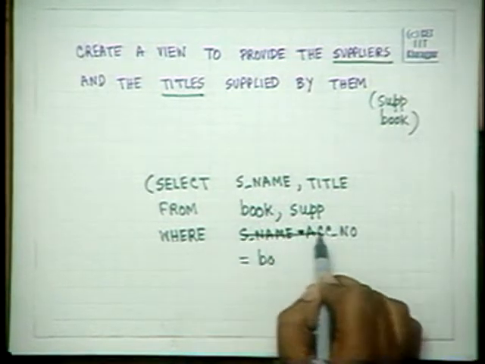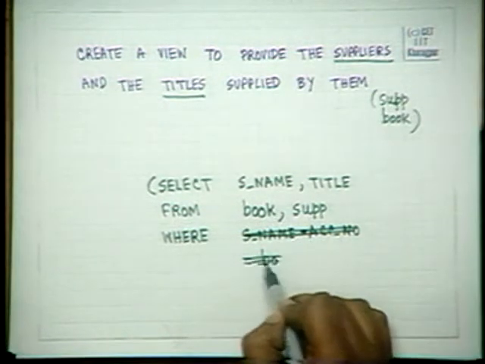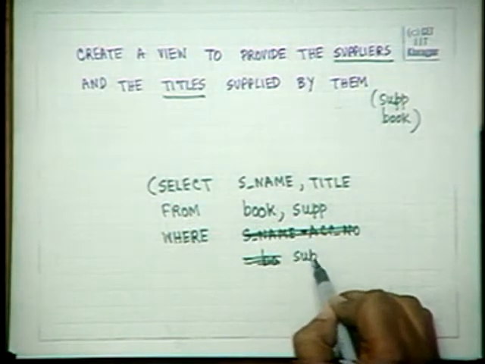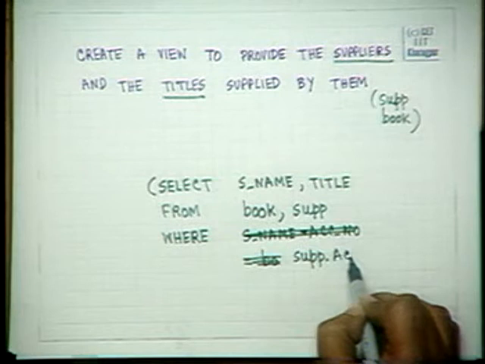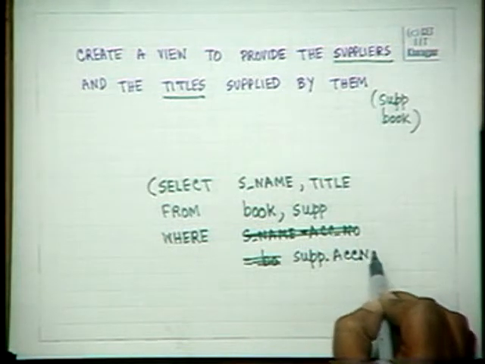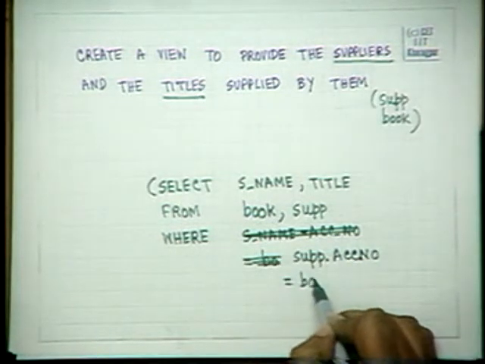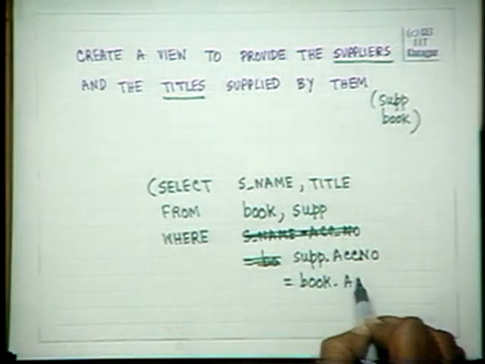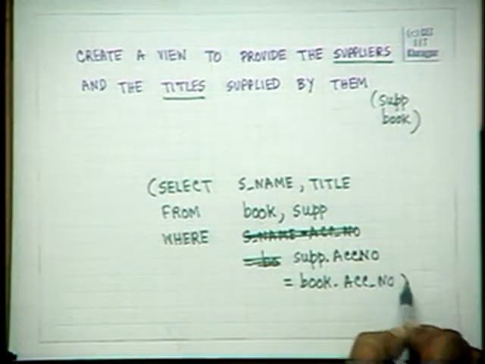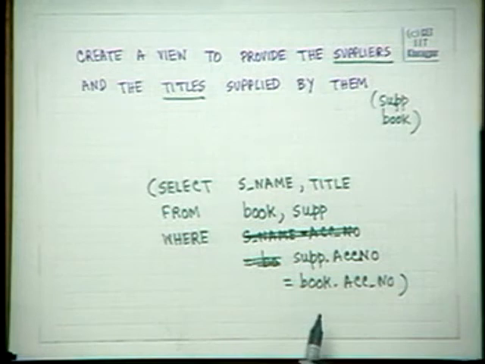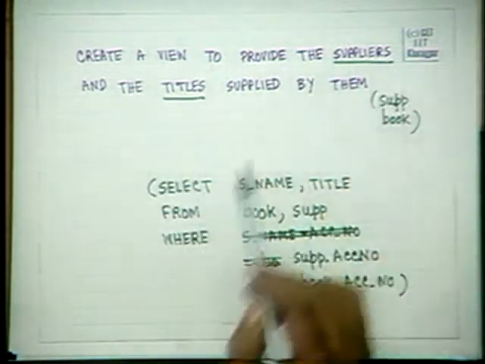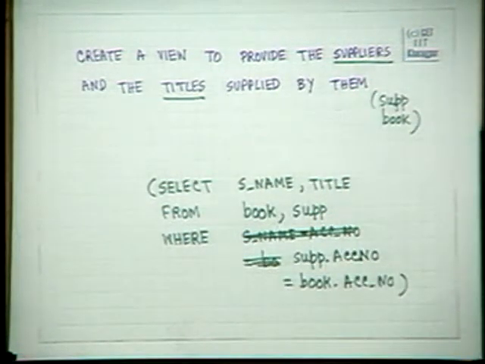I'm sorry, it is sup.accession number is equal to book.accession number. So this is the query expression which will create the suppliers and the titles supplied by them.